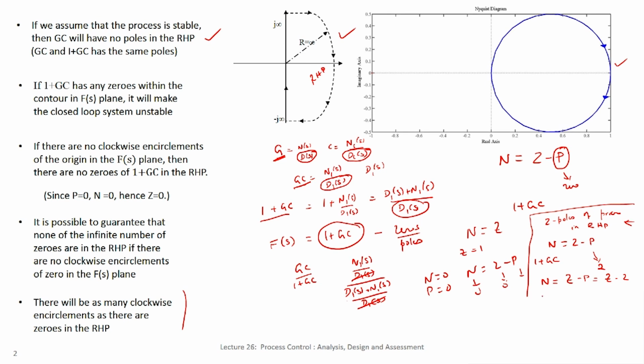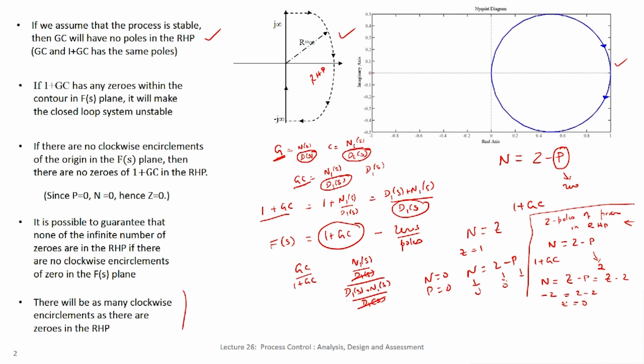So, if N is minus 2, so for your closed loop system, as you plot this 1 plus GC, if you look at the plot and then you find that there are 2 counterclockwise or anti-clockwise encirclements of origin, then N is minus 2. So, this will be Z minus 2, Z is 0. So, there are no zeros of 1 plus GC, which means the closed loop is stable, right.